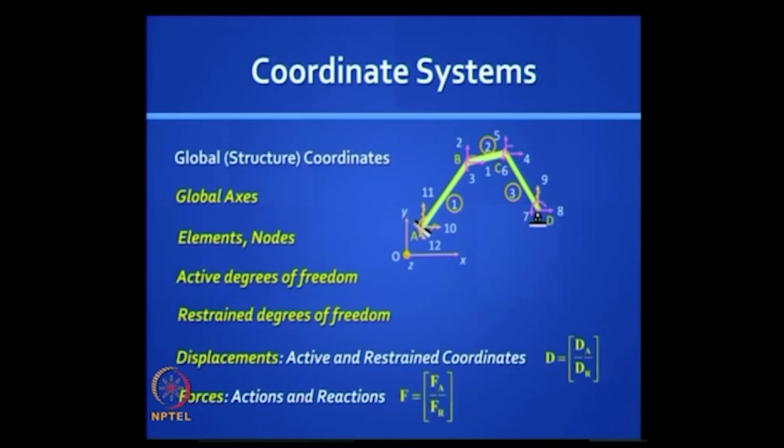Now luckily A and R also have other words to describe them from a force point of view. So you can also have FA, which is conjugate with dA, and FR, which is conjugate with dr. It is exactly where you have active degrees of freedom that you can apply loads, isn't it? So A stands for actions, which means loads.